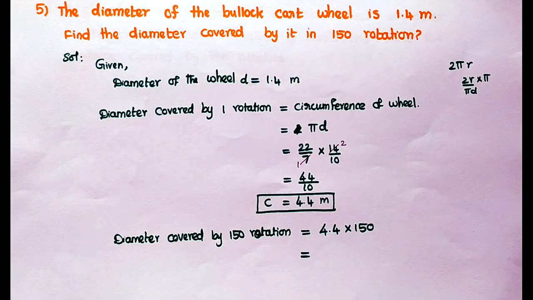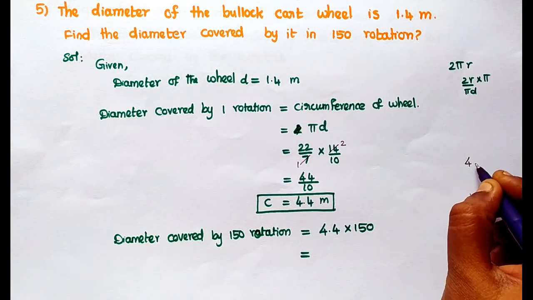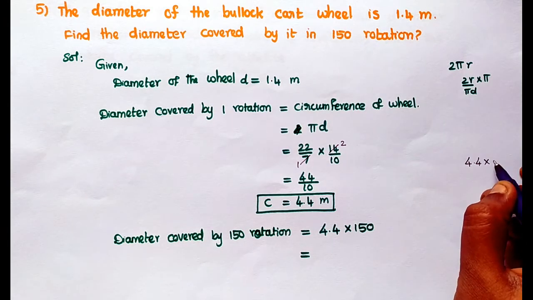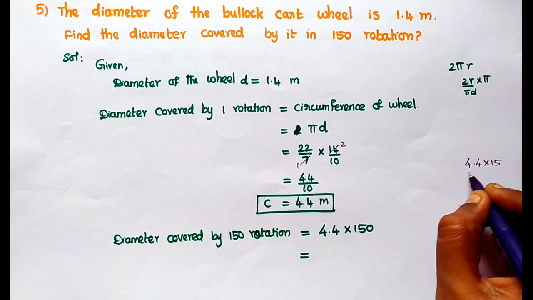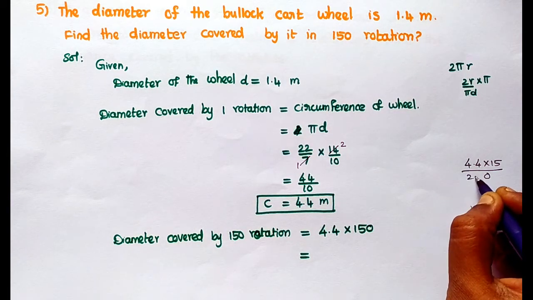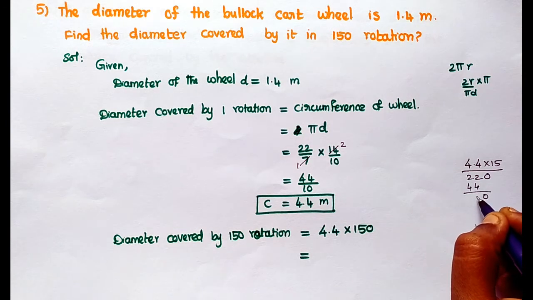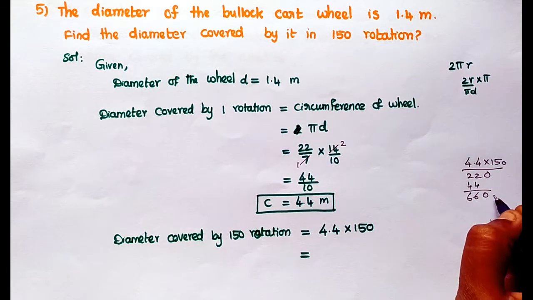So 4.4 into 150. 4.4 into 15, that is 0 means here also 0.